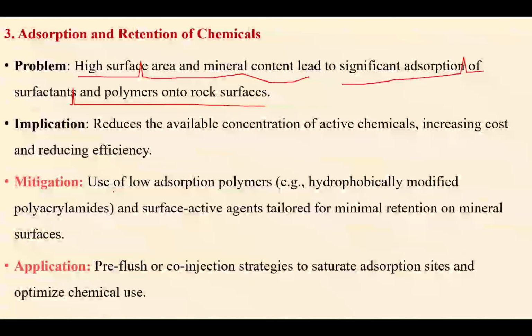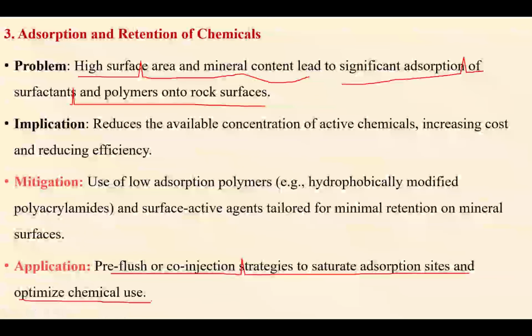And particularly here, these clay materials are significantly present. So how they are interacting with the clay materials, proper understanding of that is very much required. And one thing you can do is go for the pre-flush or co-injection of a sacrificial agent to saturate adsorption sites. Okay, this optimizes the chemicals.